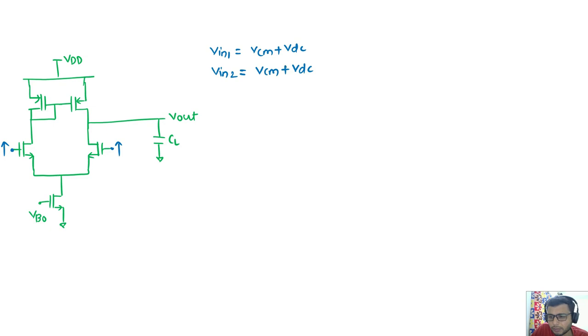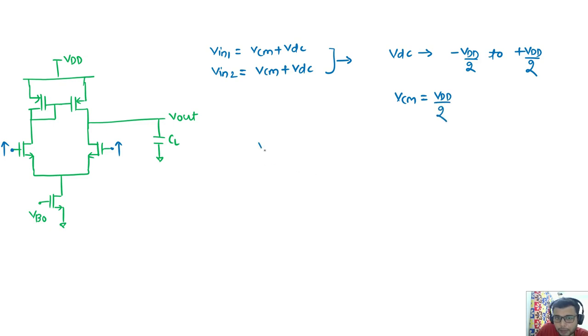You can also vary from this zero value, but what I am doing is varying this VDC amount from minus VDD by 2 to plus VDD by 2, and keeping VCM as VDD by 2.